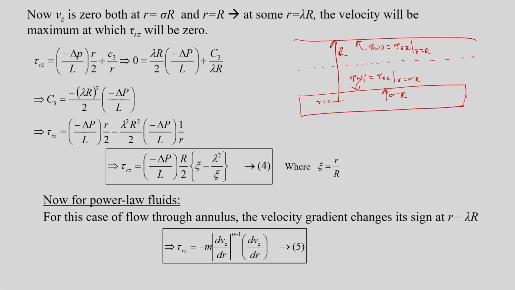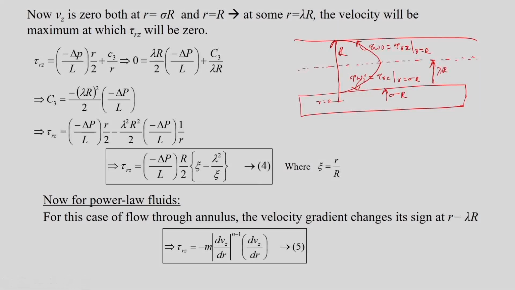Let us say this is that location, the dotted line I have drawn here, and let us call it lambda R. Velocity is 0 at the inner wall, so it increases to some maximum velocity, and then at the upper wall the velocity is again 0, so from here it should decrease, like this.